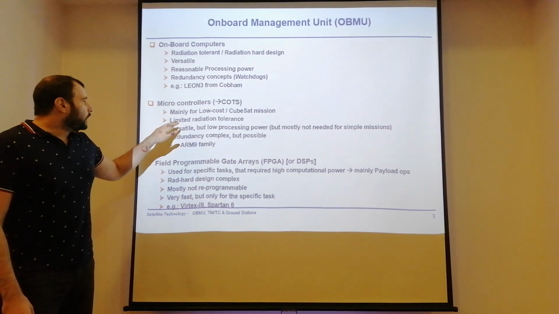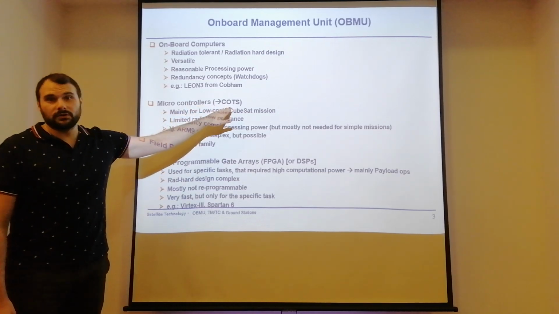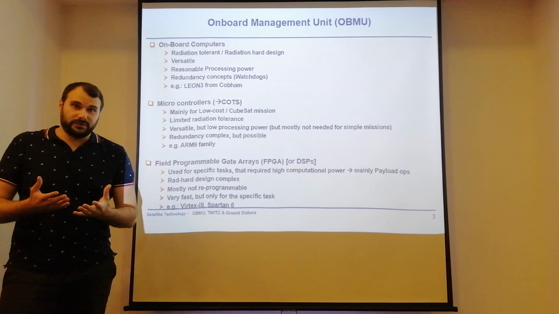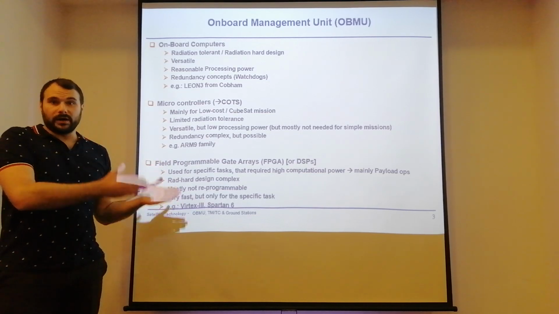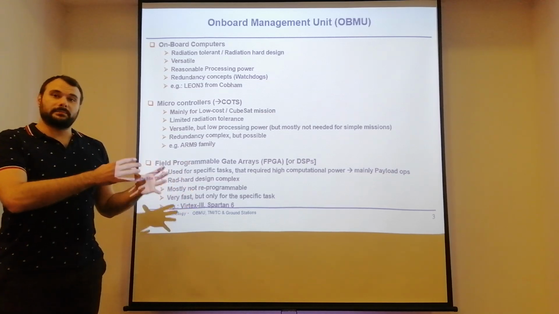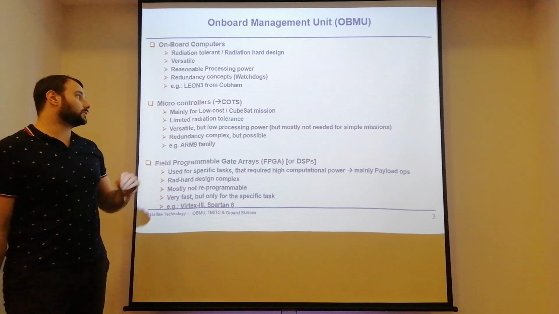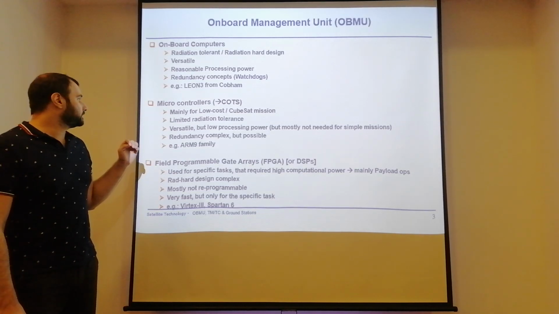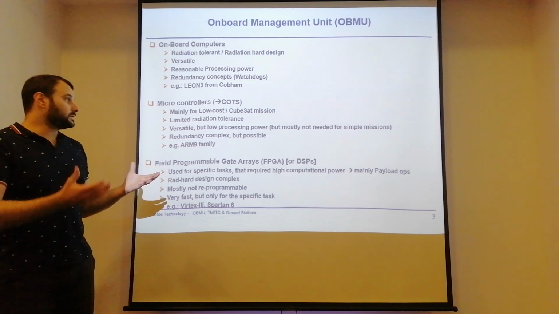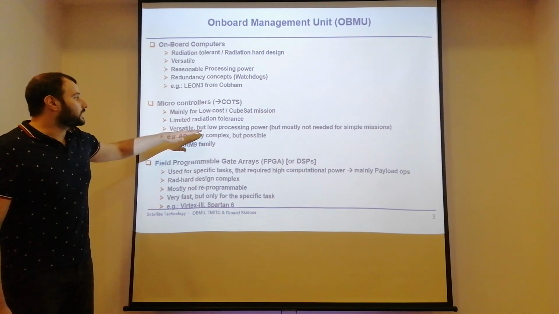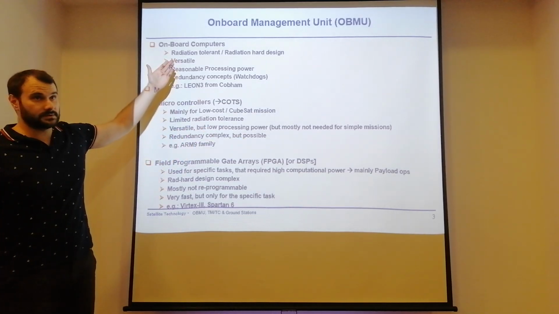They usually offer only a limited radiation tolerance, especially when you really go for the commercial off-the-shelf components, because let's face it, the requirements for a terrestrial application are quite different to what we have in space in terms of radiation. They are still quite versatile because we're really flexible how we're going to use it, but they offer only a significantly lower processing power compared to the onboard computers.